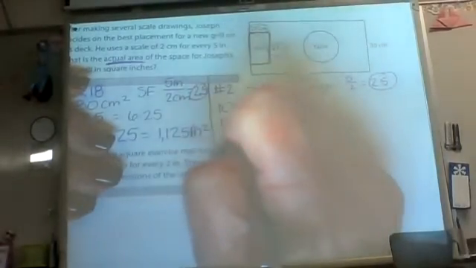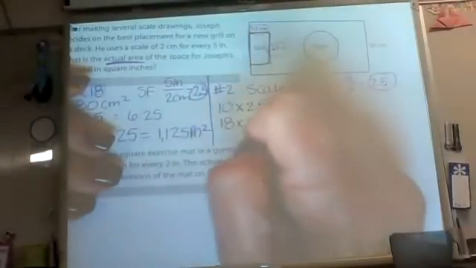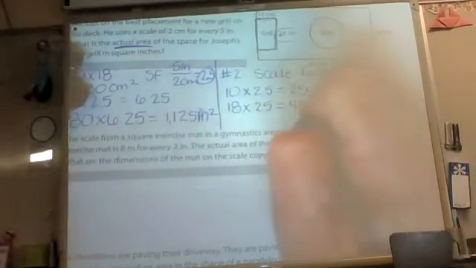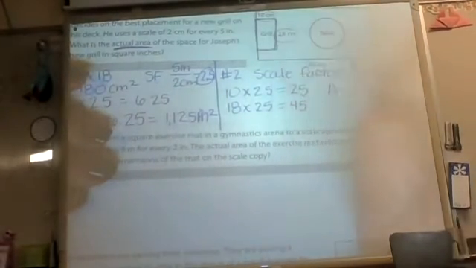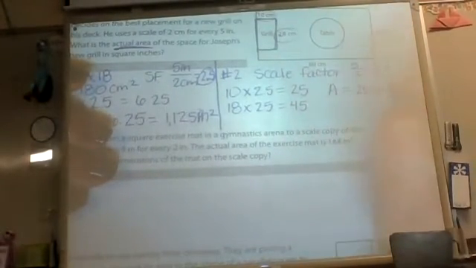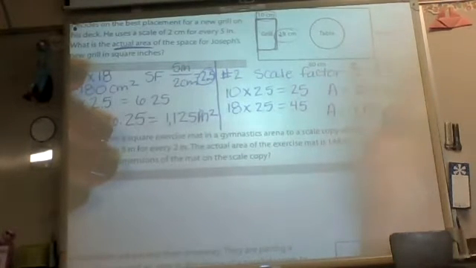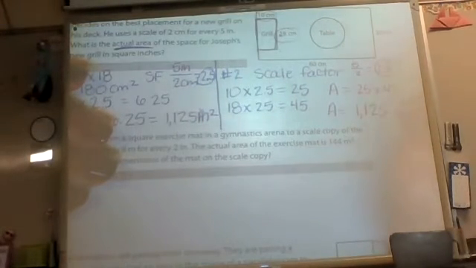Take the width or the length, times the scale factor, and that's 45. And then we find the area of the two. So 25 times 45 still comes out to be 1,125 inches squared.